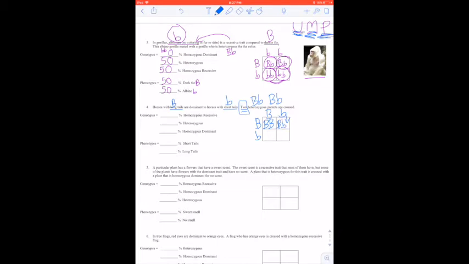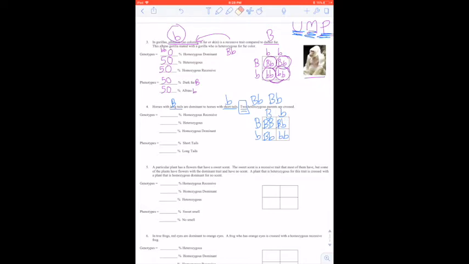Over here, this capital B has to come straight down, and the lowercase b has to come straight over. So you will write capital lowercase. And then for the last box, again, lowercase b from the top will have to come down, and lowercase b from the side will have to come over. And that gives you two lowercase b's in that bottom corner.